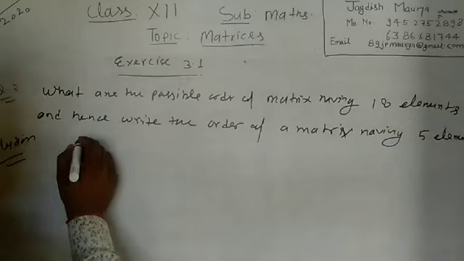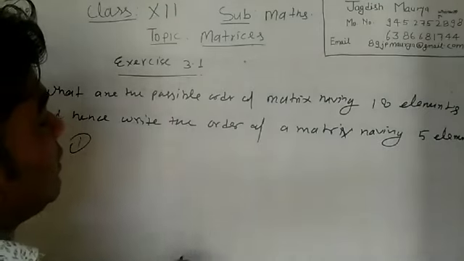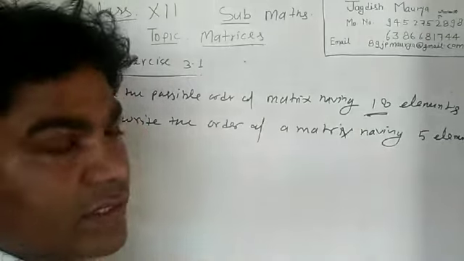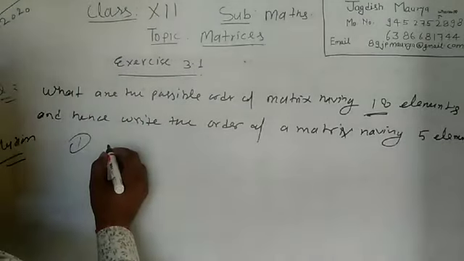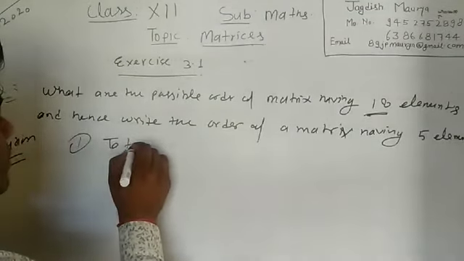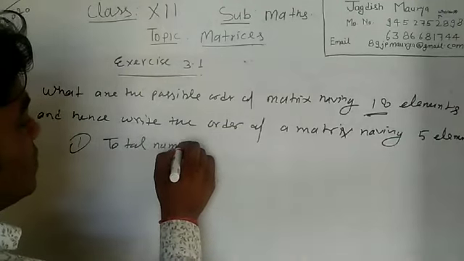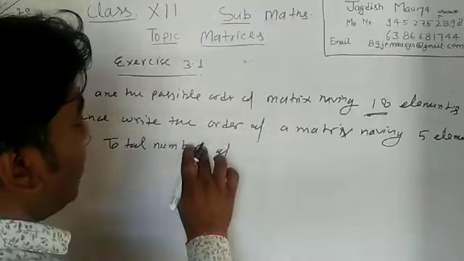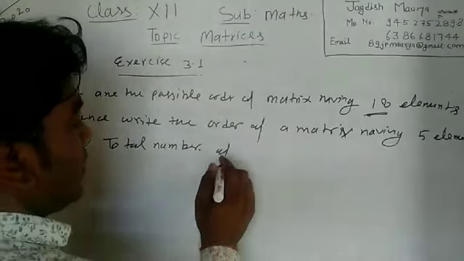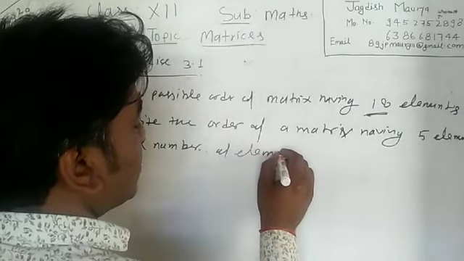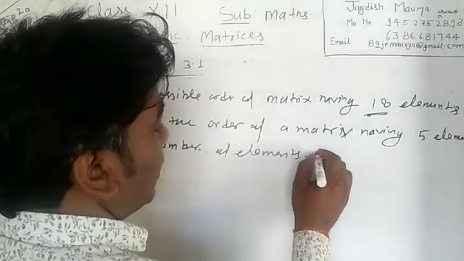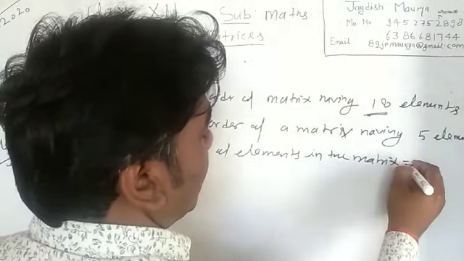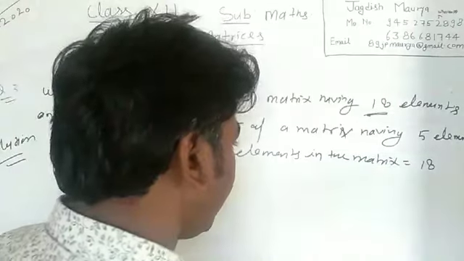first we have to write the possible orders of a matrix having 18 elements. The total number of elements in the matrix is equal to 18.